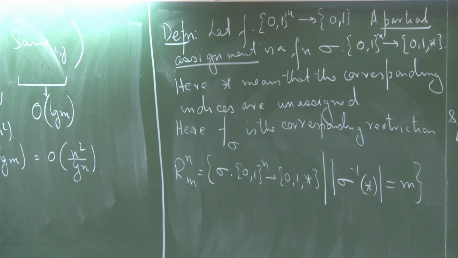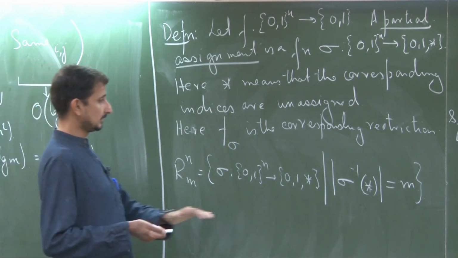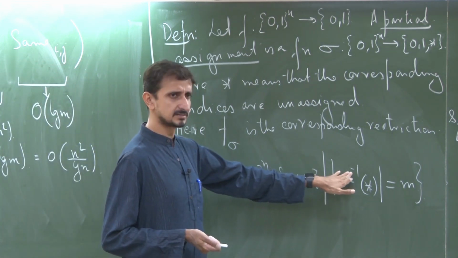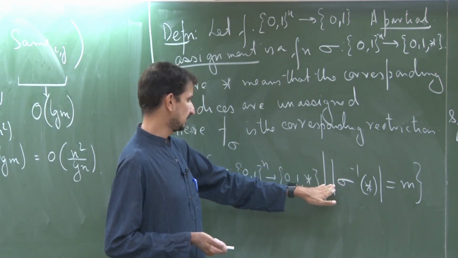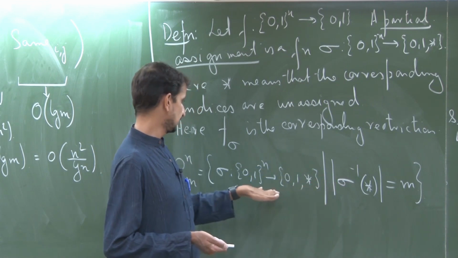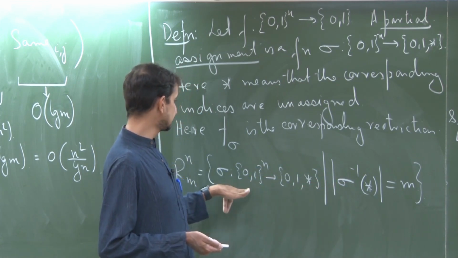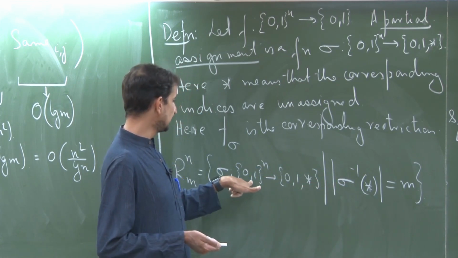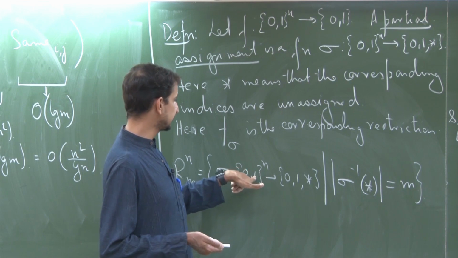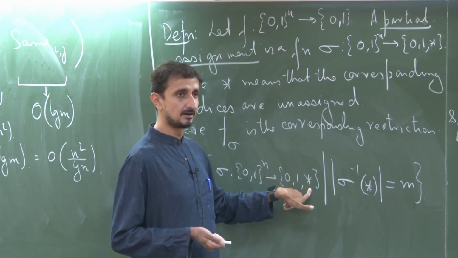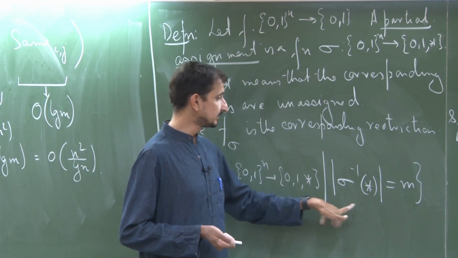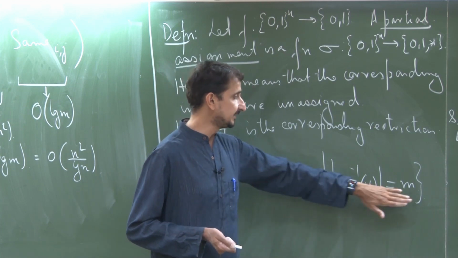Sigma is a partial assignment taking {0,1}^n to {0,1,*}, such that the size of this set is m.